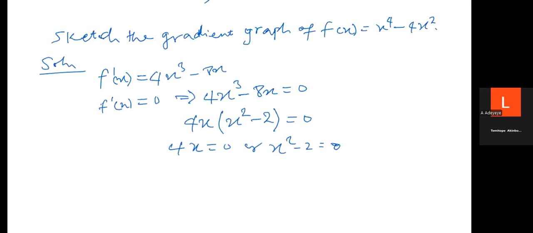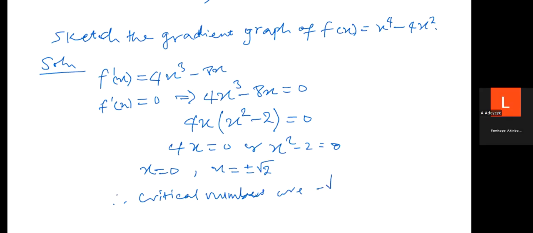x equals 0 here, when 4x is 0, so x is 0. Then here, x equals plus or minus root 2. Therefore, the critical numbers are minus root 2, 0, root 2.